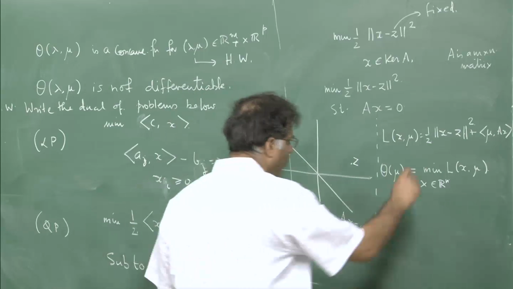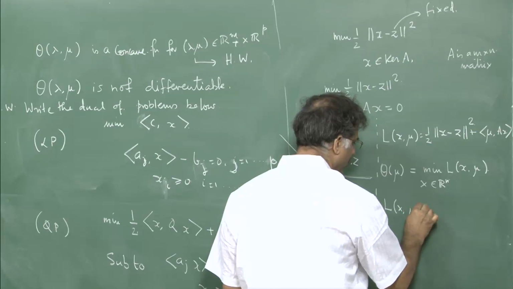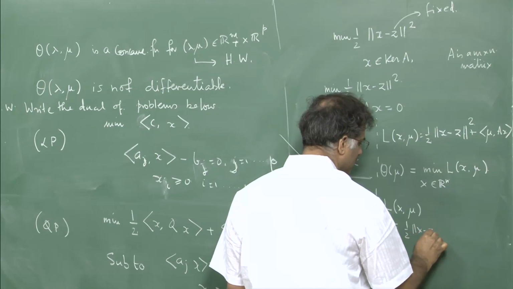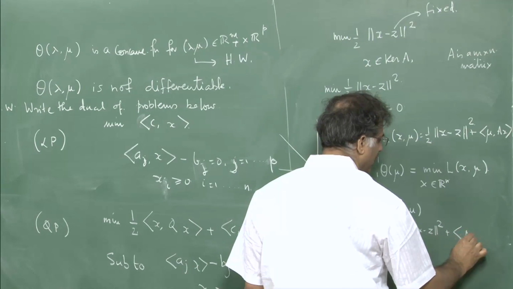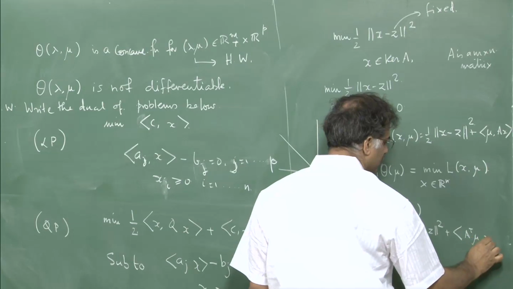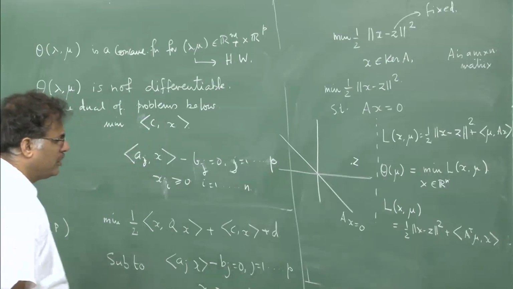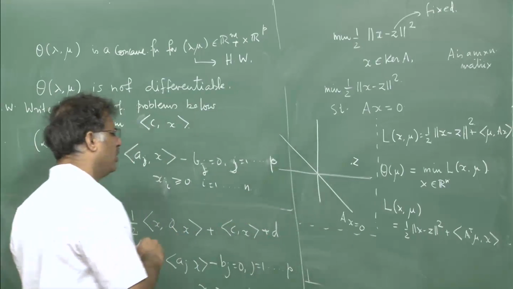Why? Because once you have fixed mu, for fixed mu, L x mu is half of something that can be written as, so in x it is a convex function, and for a convex function every critical point is a global minimum.